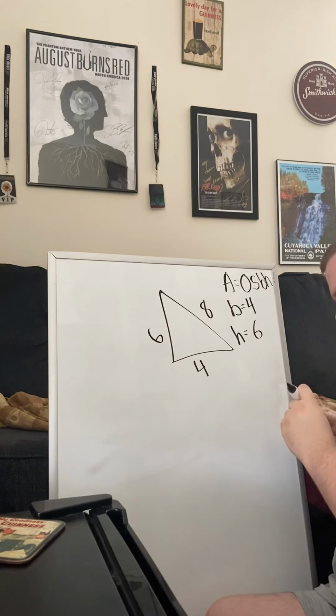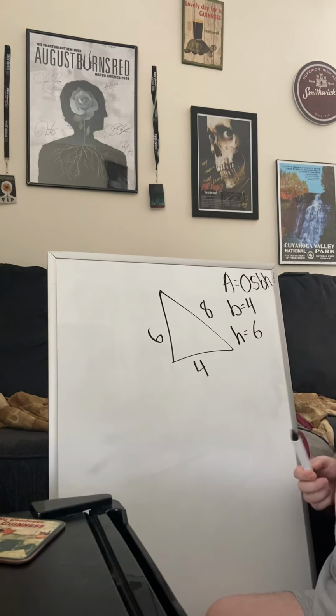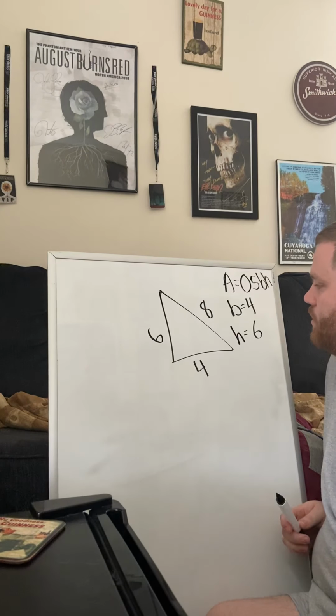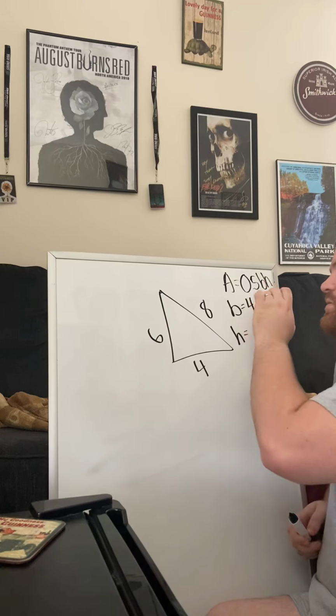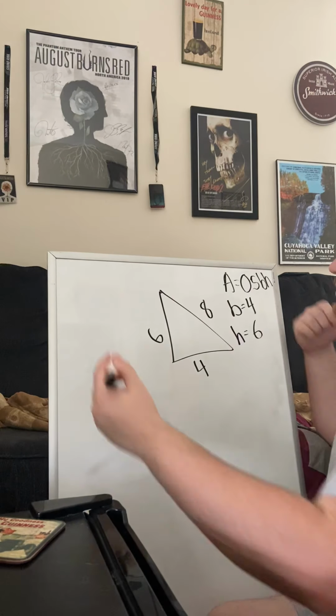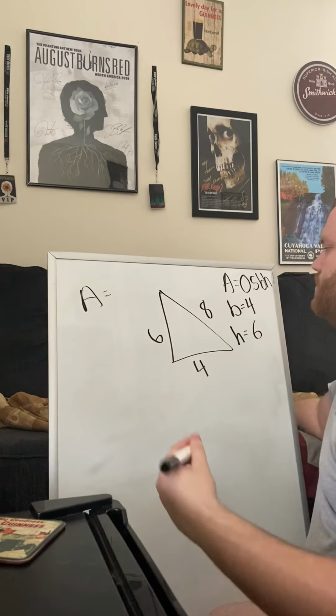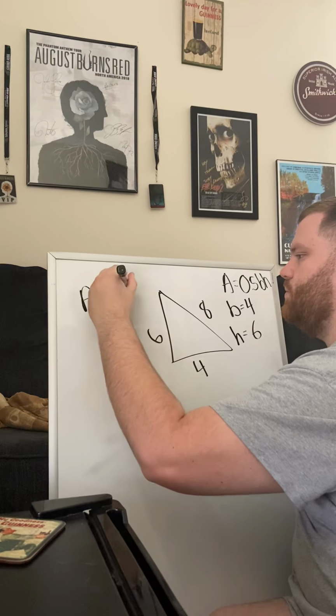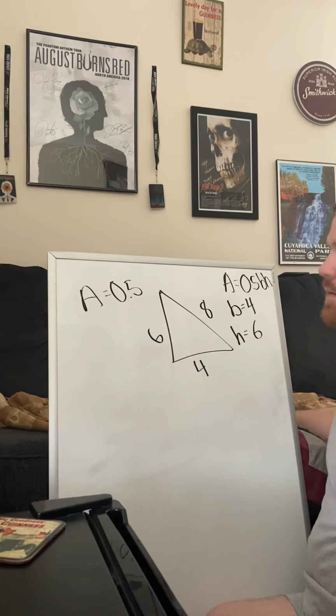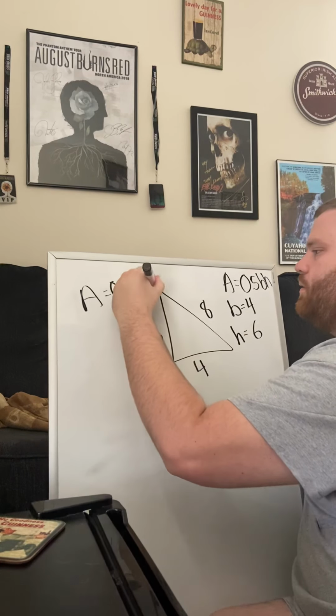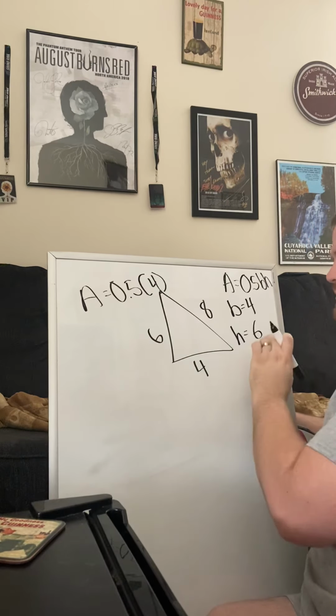Okay? So what I'm going to do now is plug these two numbers into my formula. All right? So I have area equals 0.5 times 4 times 6.